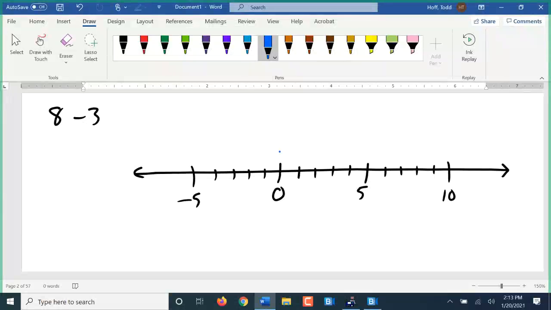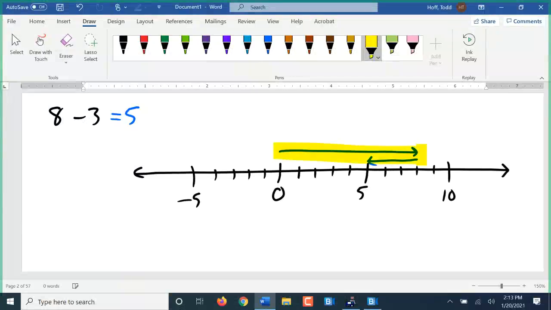Start at 0, go to 8, come back 3 to 5. We all knew that 8 minus 3 was 5, right? Didn't need a number line to tell us that. Simple enough. But if I look at this picture here, it looks suspiciously like a picture for 8 plus a negative 3. Because it is. It's the same problem, same picture.